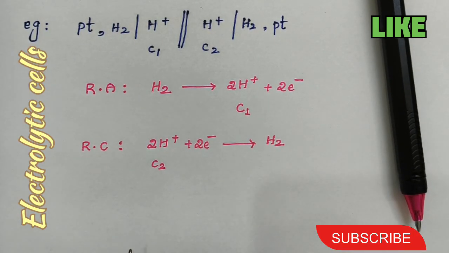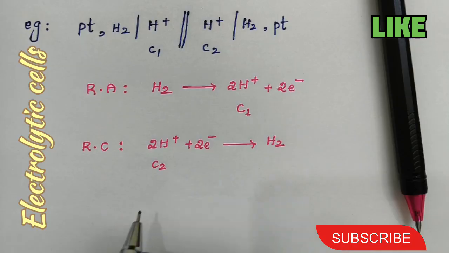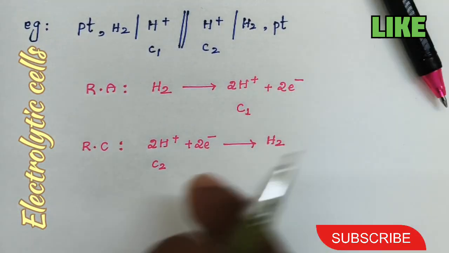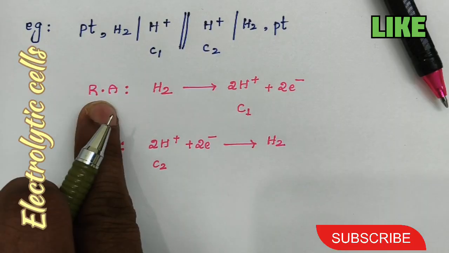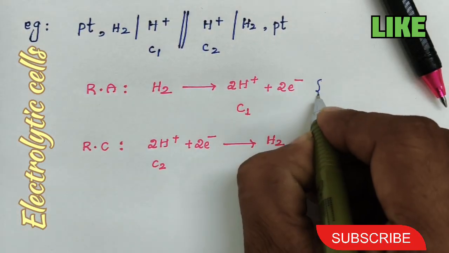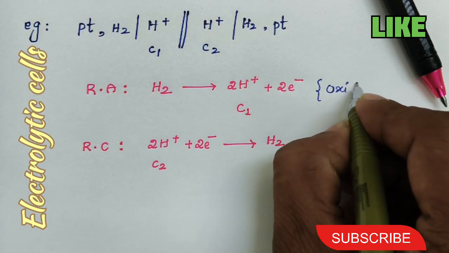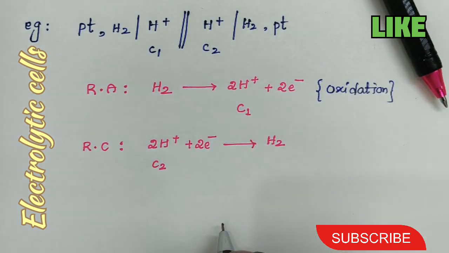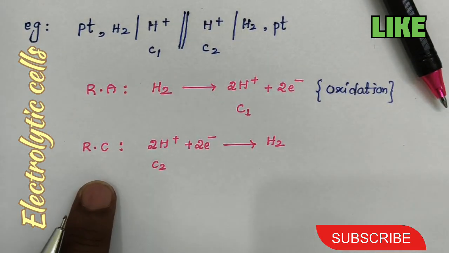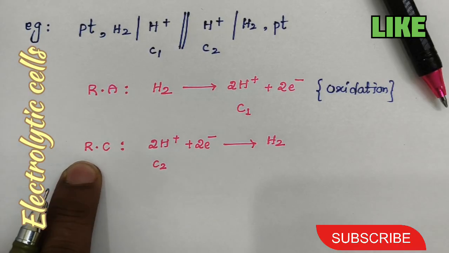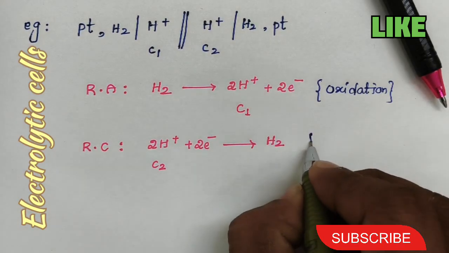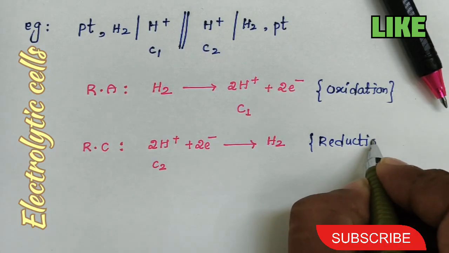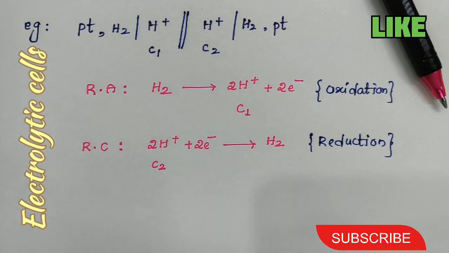So we can easily write that reaction at anode is always an oxidation process. Now if you observe, reaction at cathode is always a reduction process.